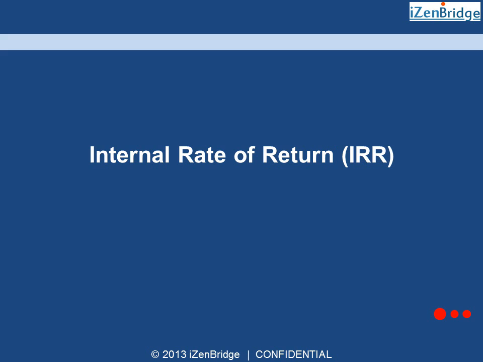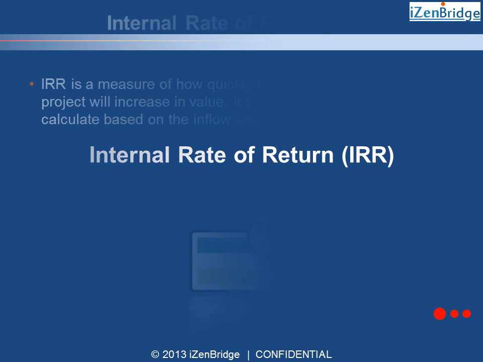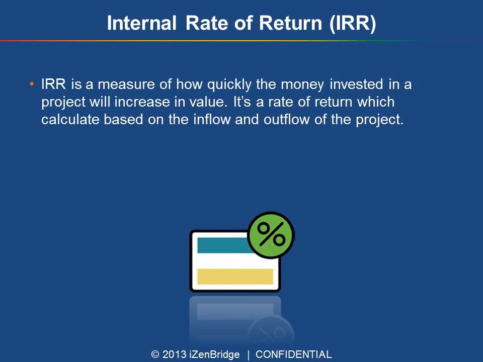Internal rate of return is a term expressed as a percentage. Internal rate of return is a measurement of how quickly, at what rate, our invested money is giving us a return. So it can be looked at as a rate of return which is calculated on the basis of the inflow and outflow of the project.